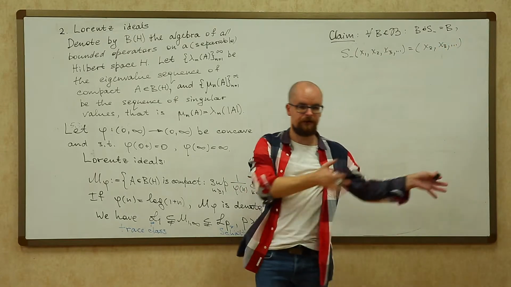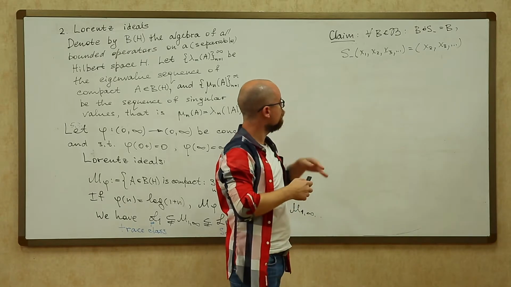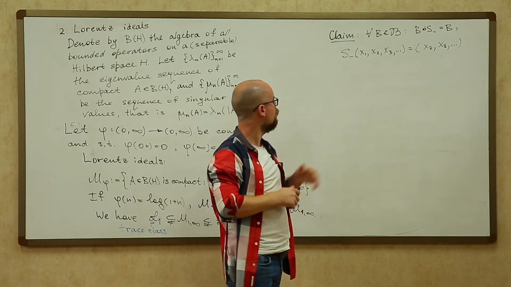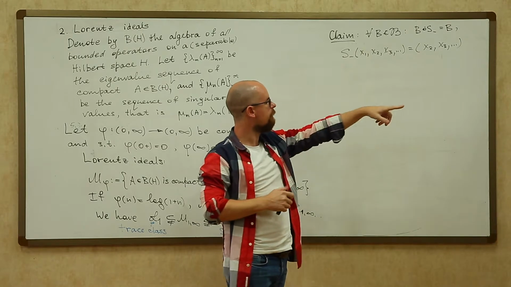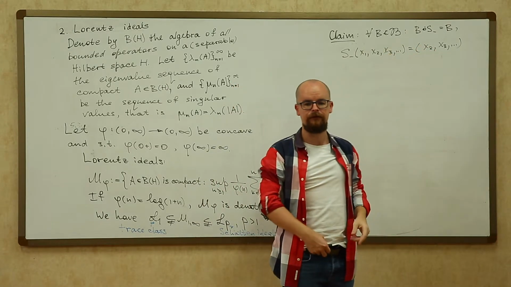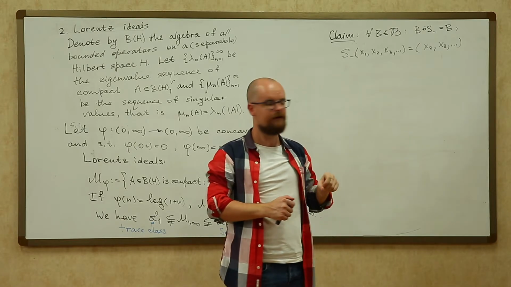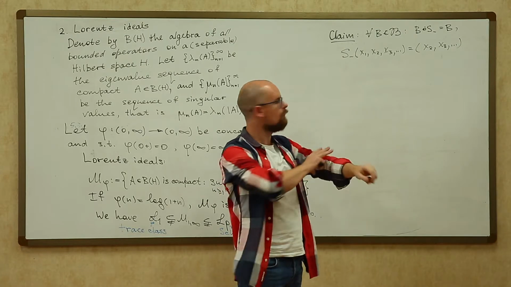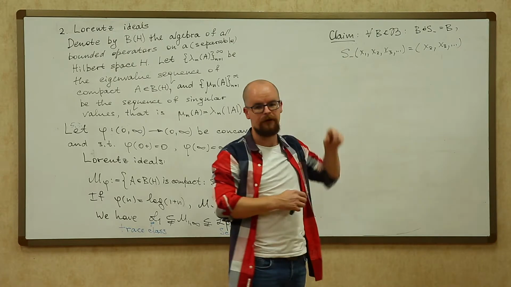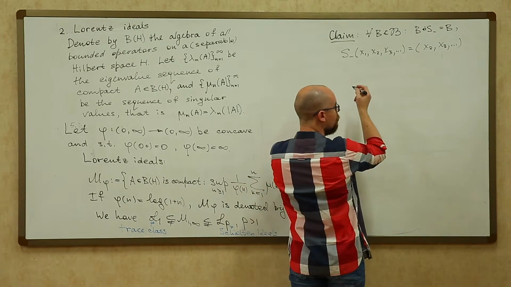So it's a left shift. I will leave this claim not proved so far, and then I will show you that S minus invariance implies that Banach limits are extended limits. And during this proof, I hope that I will figure out how to prove this one.